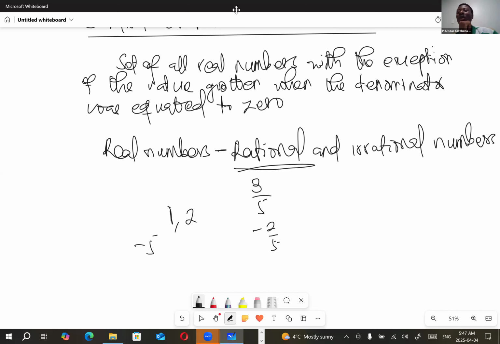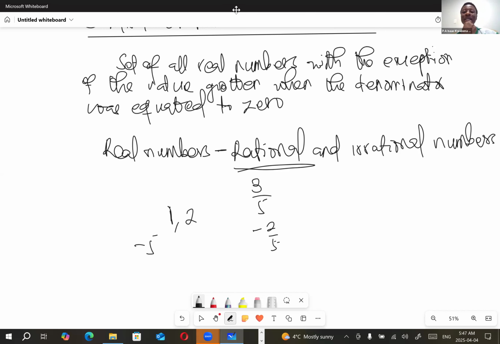I remember I took NOVDEC in Form 2 and I saw questions like that. You go through the normal process, but if you don't have an idea of real numbers, you ask yourself, after going through this long process, is my answer a real number at all? I always have that concern.